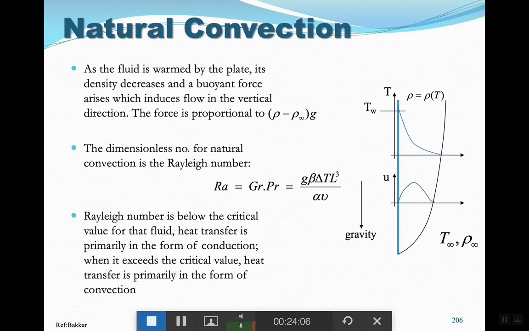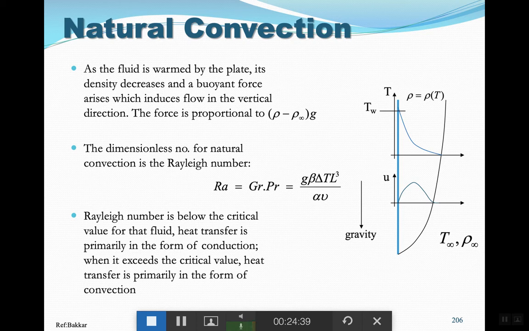Now, calculating the Rayleigh number is easy, but what is difficult is knowing what the critical number is, because we said you have to have a critical Rayleigh number below which heat transfer is in the form of conduction, and above which heat transfer is in the form of convection. Now the answer is, unfortunately, there is no one generally accepted number for that critical Rayleigh number.